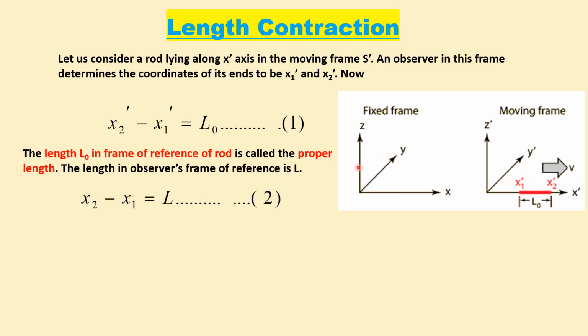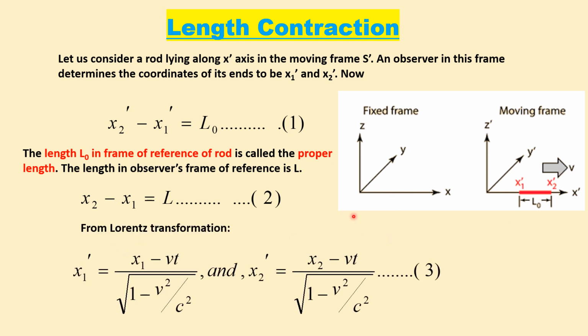And if an observer is now in a fixed frame and wants to see the length of this L naught from this frame of reference, from the Lorentz transformation equations we know that the coordinates x1 prime and x1 are related like this, and x2 prime and x2 are related like this.